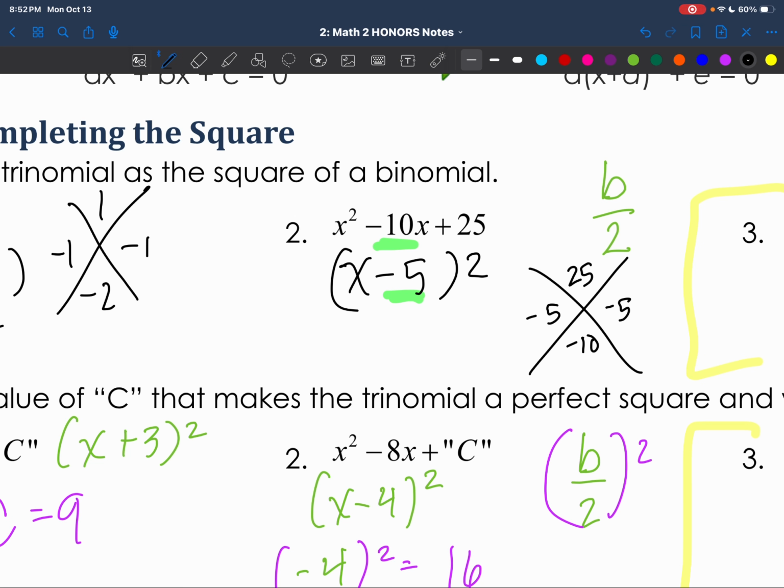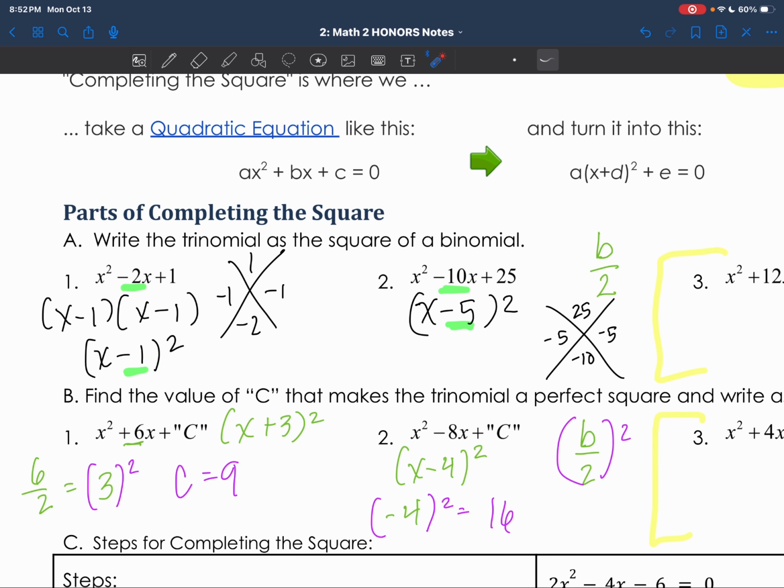So when you rewrite this, you're going to get x minus 5 squared. Now if you notice, with -10 and -5, both times what we were doing is taking our b value and dividing it by 2, and that's going to help us get this part of the equation.